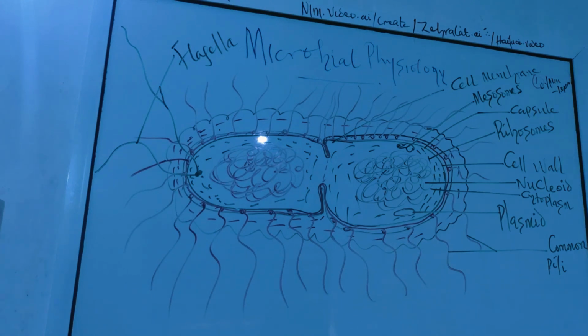And so in this typical bacterial cell, I want you to take specific note of the plasmid. I want you to know about ribosomes. I want you to know about the capsule, cell membrane, cell wall. All these are what you should be able to know.